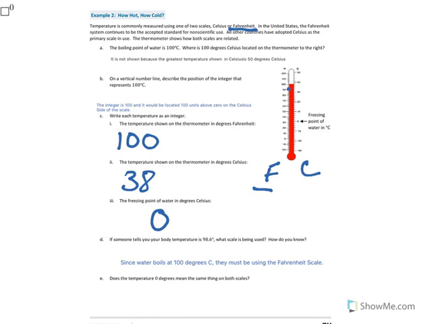So E says, does the temperature 0 degrees mean the same thing on both sides? Hopefully you looked at it and you could see that on the right-hand side, 0 degrees is right about here.